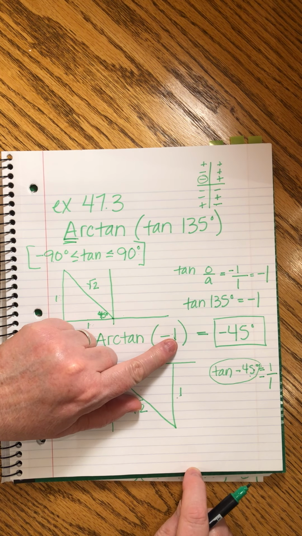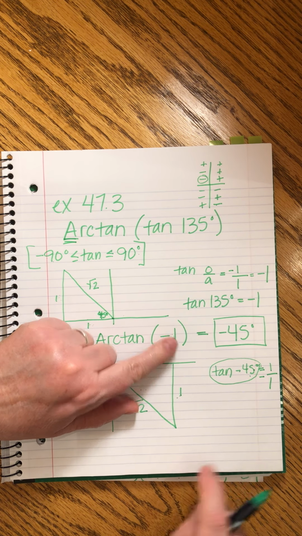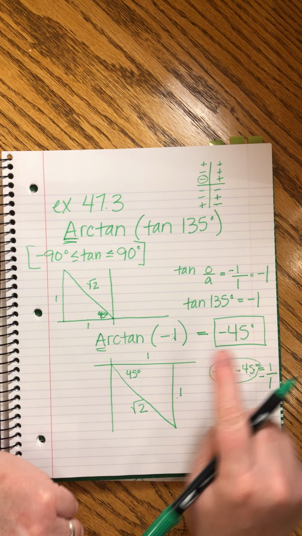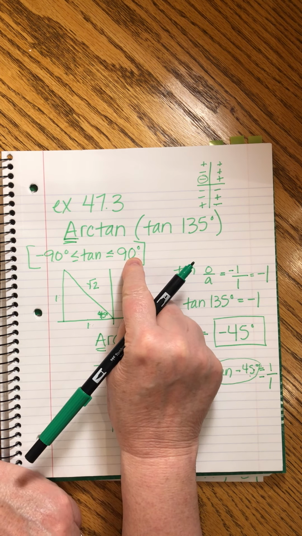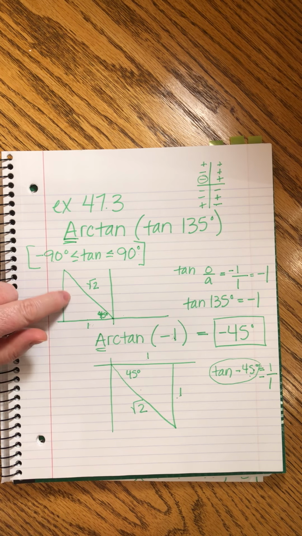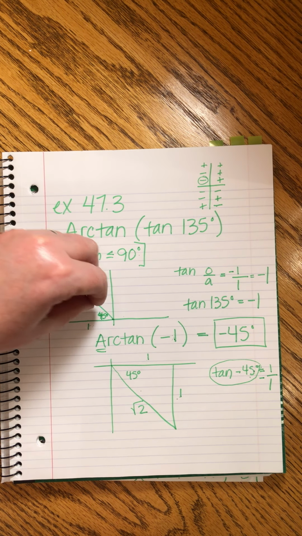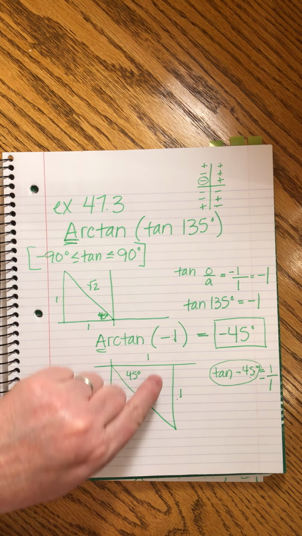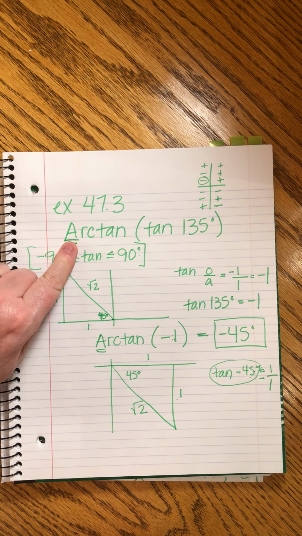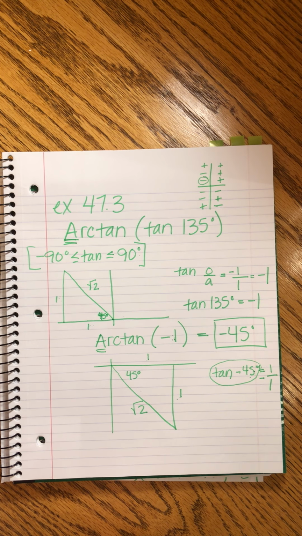We knew the decimal or the fraction. We were looking for the degrees. We were limiting it to those two quadrants. So even though we got the same ratio of sides here, this was in the second quadrant, so that couldn't be the right triangle. We had to take it to the fourth quadrant because that's the only place where our answers are allowed to fall.